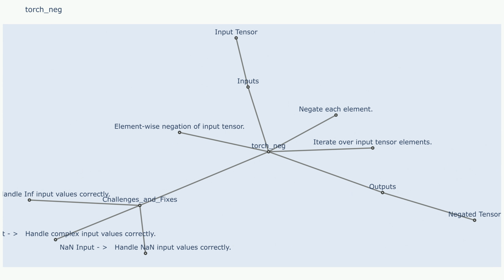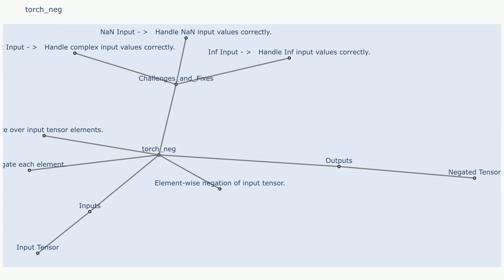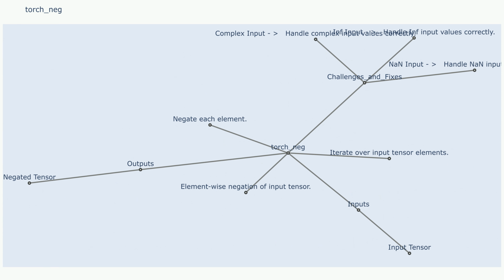Challenges and fixes. Challenge 1: Potential numerical overflow. Sample use case that resulted in challenge 1: If the input tensor contains very large positive values, negating them might lead to negative values exceeding the minimum representable value for the data type, resulting in an overflow.